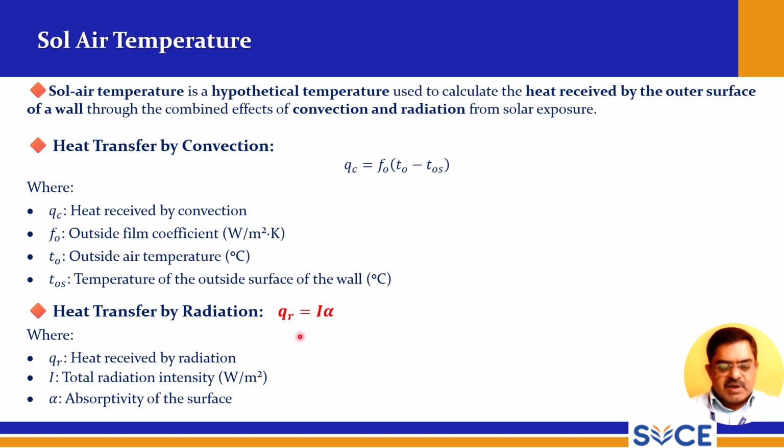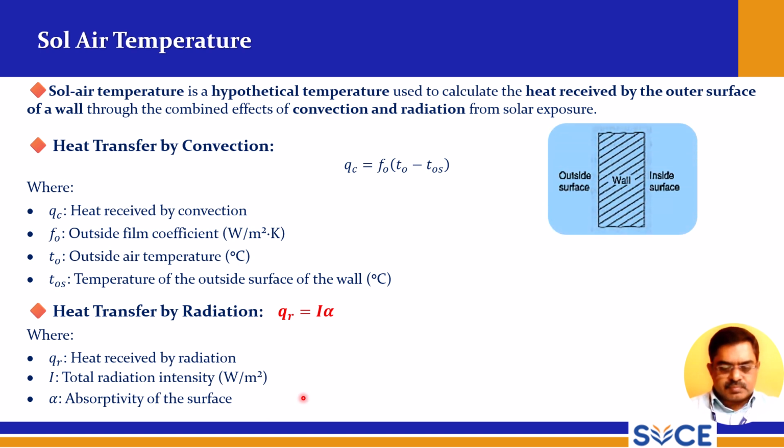Heat transfer by radiation, QR, equals I alpha, so QR is the heat received by radiation, I is the total radiation intensity in terms of watt per meter square, and alpha is the absorptivity of the surface. And this is the outside surface of the wall, and you have the inside surface.